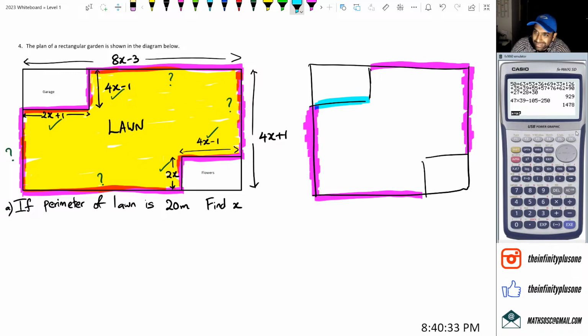It's like cutting that blue piece and pasting it here, because it's a perfect rectangular shape. I could move this blue shape out to the top line.